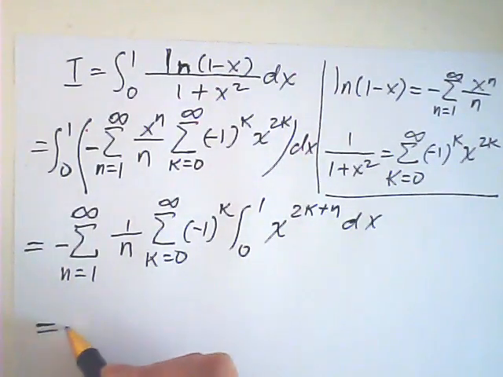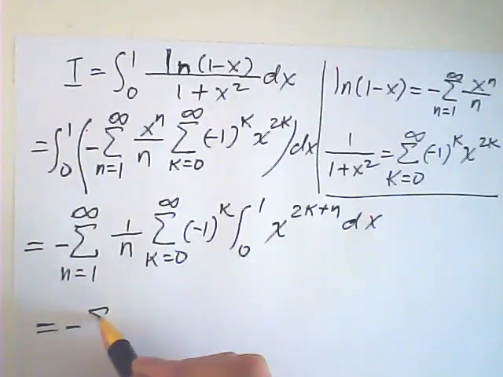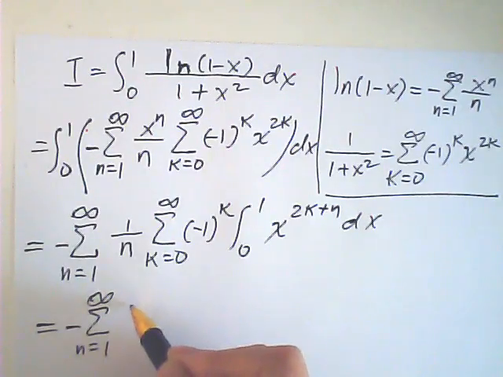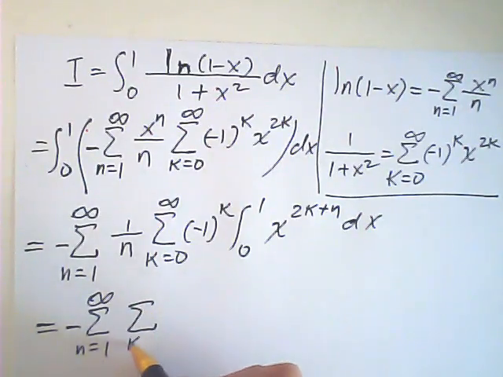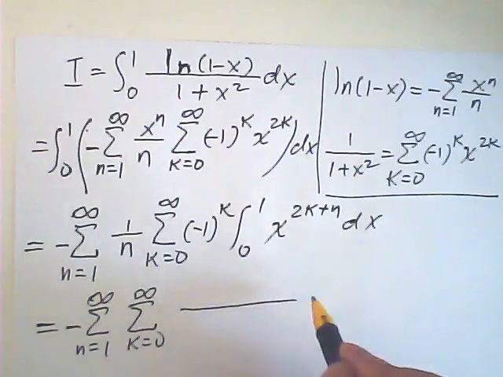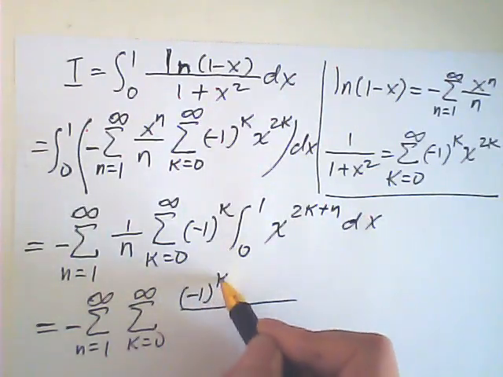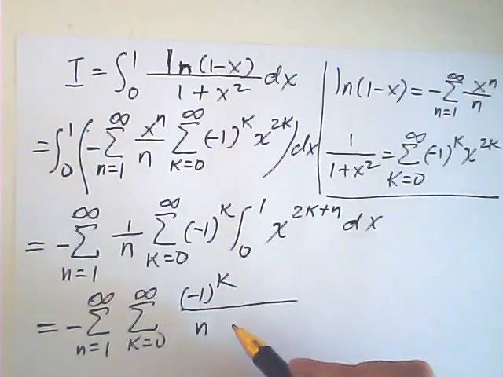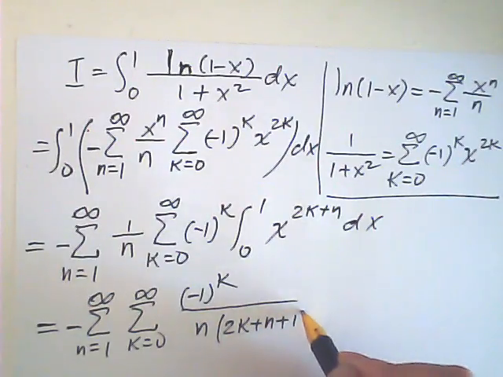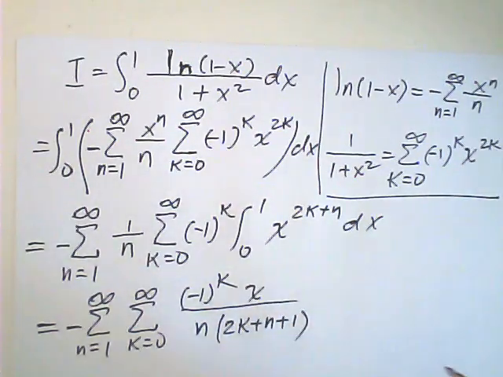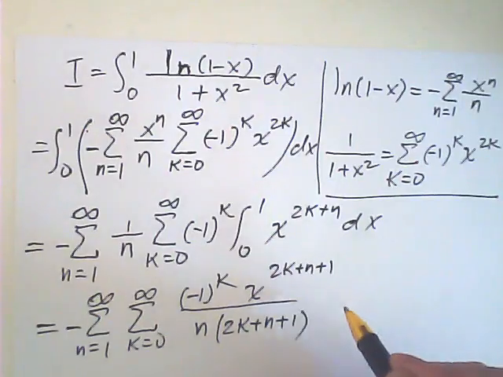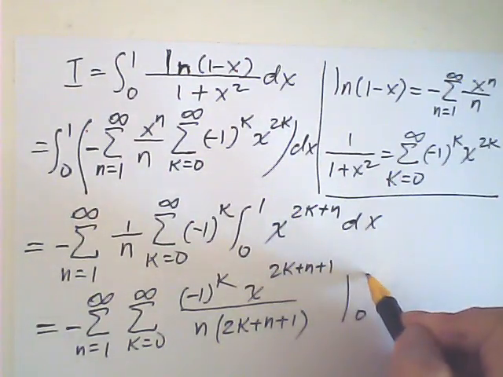So this one equals negative sum, n equal to 1 to infinity, and k equal to 0 to infinity. So this one equal to negative 1 to the k, and this will be x to the 2k plus n plus 1 over 2k plus n plus 1, from 0 to 1.